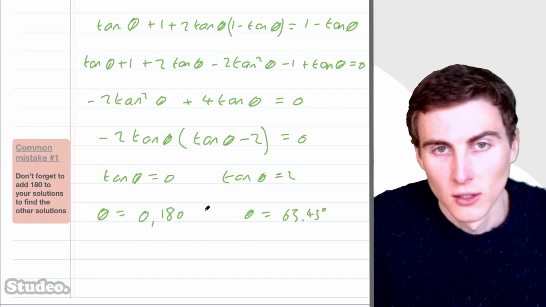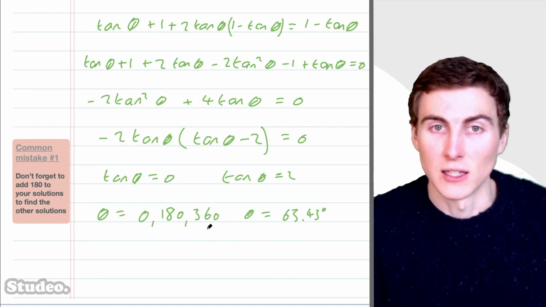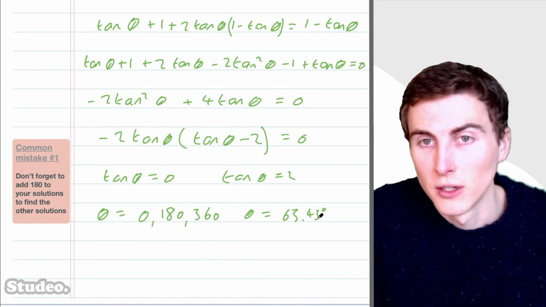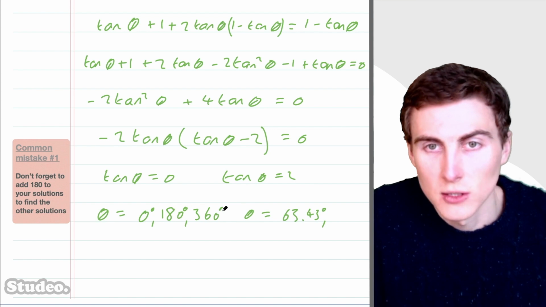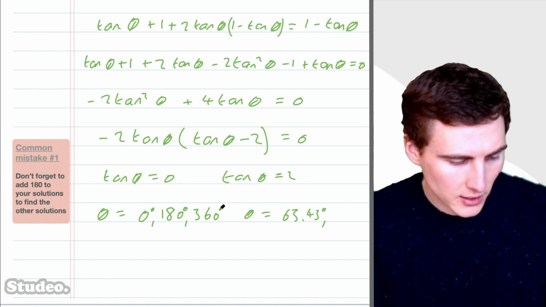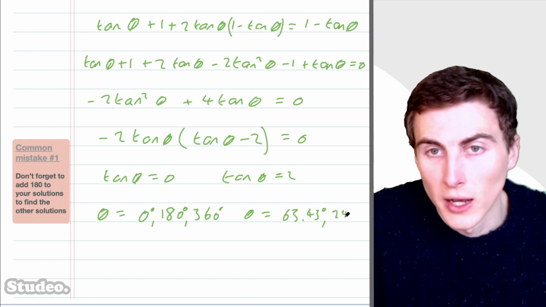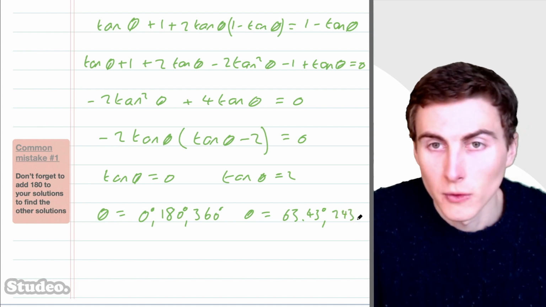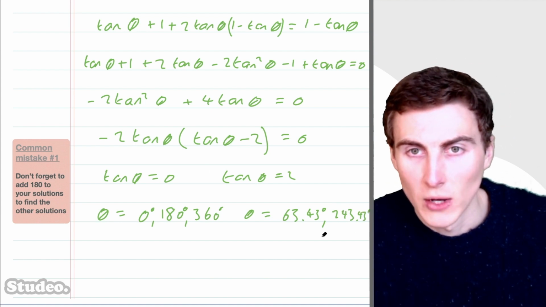So that'd be another one there, 360. I thought it was only less than 360. You've got 3 there. And then for this one as well, I should put a little degree symbol on all these. We can add 180 to this answer and we get 243.43 degrees. And that's it. We have our 5 solutions.